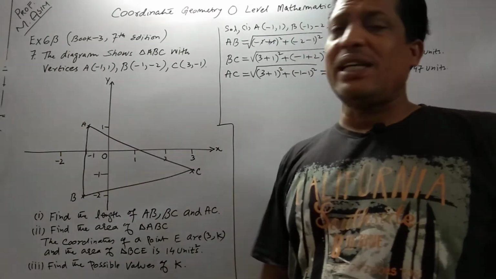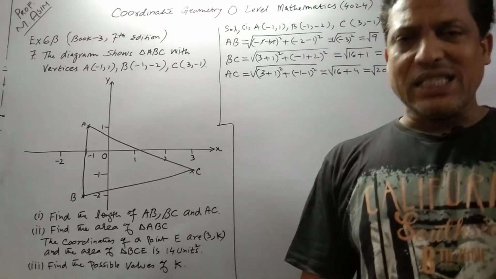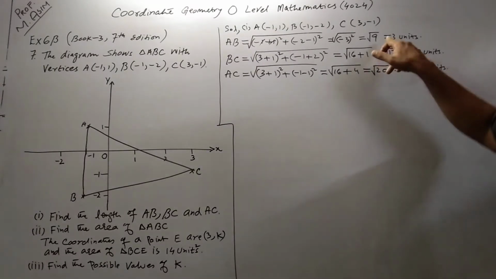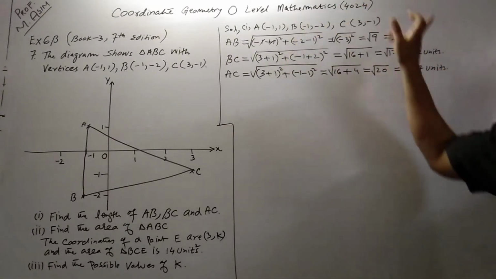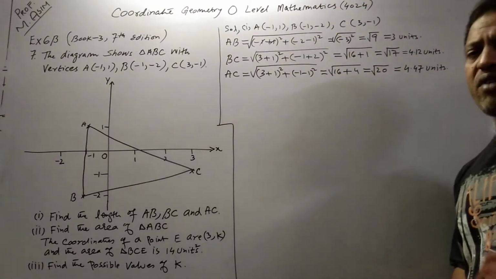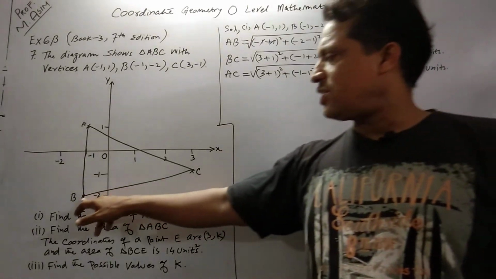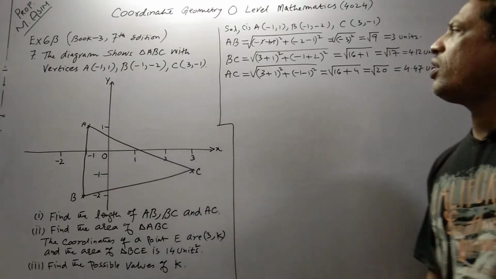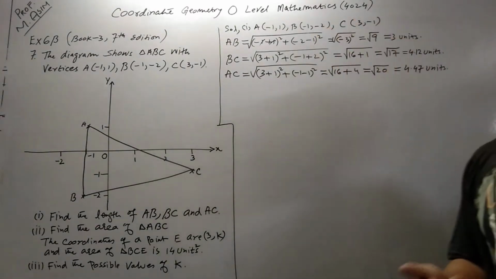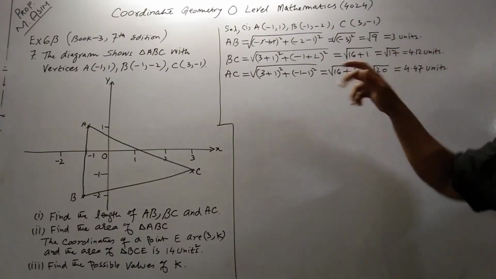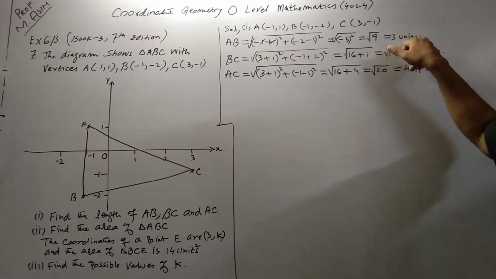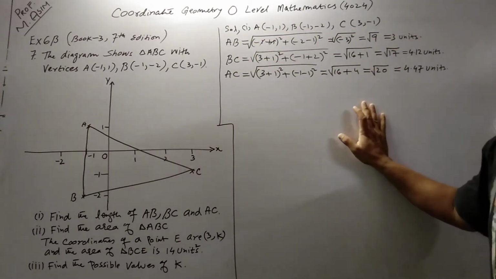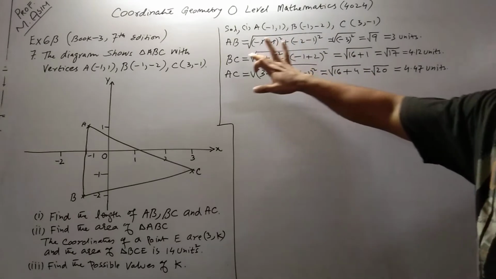So the total distance is 2 plus 1 is 3, which is exactly the same as when we use the distance formula. So now you have a choice to find the distance from the graph given in the question, or by using the distance formula. Okay. So AB is 3 units. I hope you understand. Now find BC.